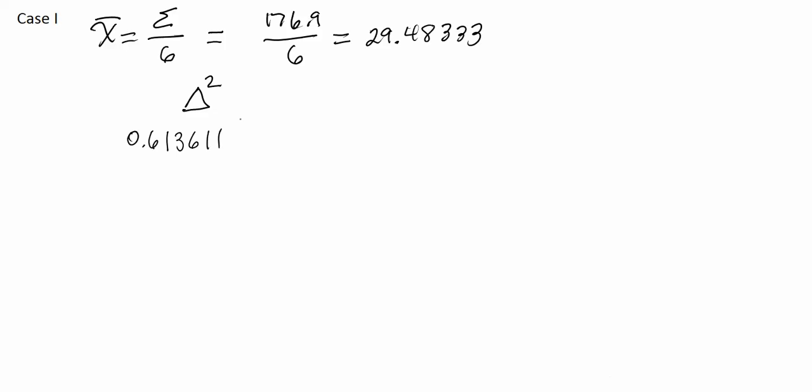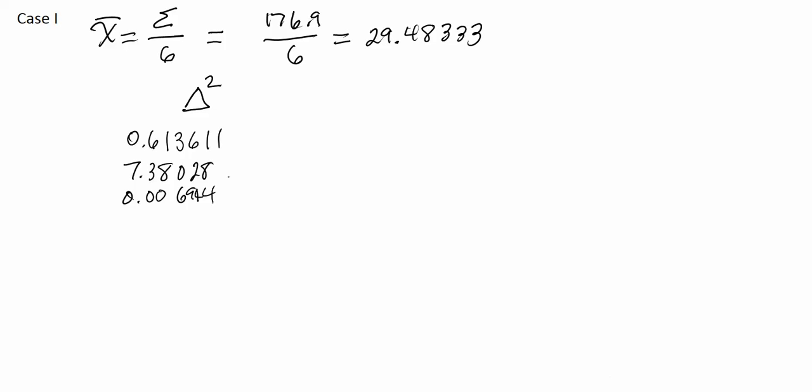0.613611. Then I take the next one, which was 32.2 minus 29.48333, square that, and I get 7.38028. Then I go to the next one, and I had 29.4 minus 29.48333, very little difference, but when I square it, I get 0.006944.